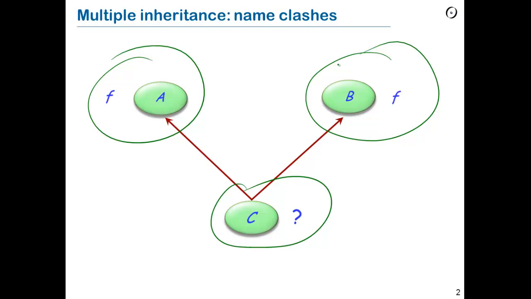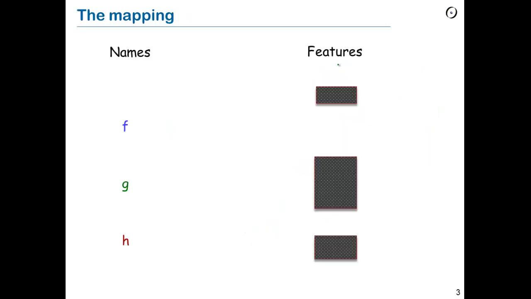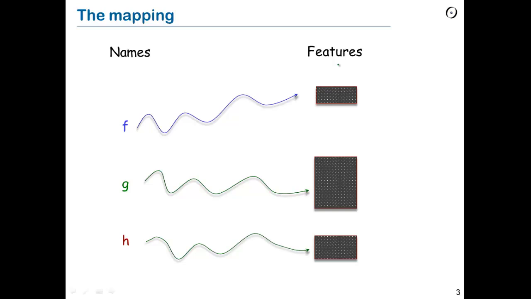The solution is actually at the language level very simple. To understand it, it's going to be essential to remember that a class should be a mapping between feature names and features. That's what the class defines, a mapping between some names, for example, F, G, and H on the left side, and some features, some code, some actual functionality represented here on the right side.